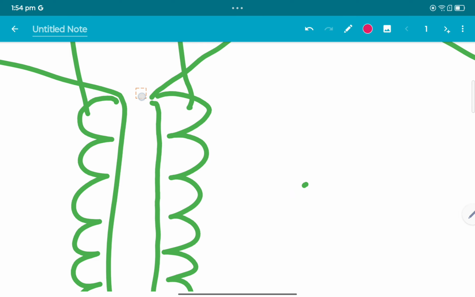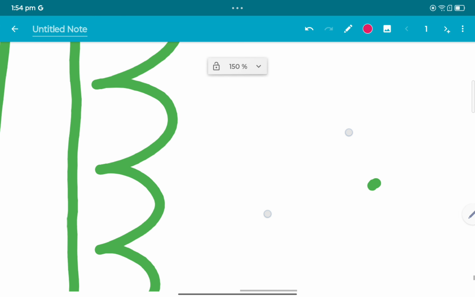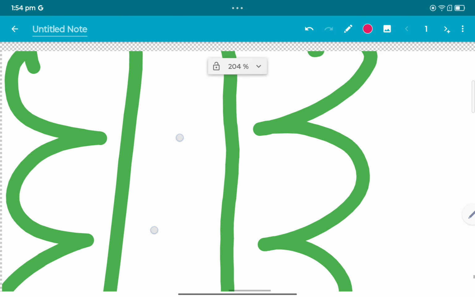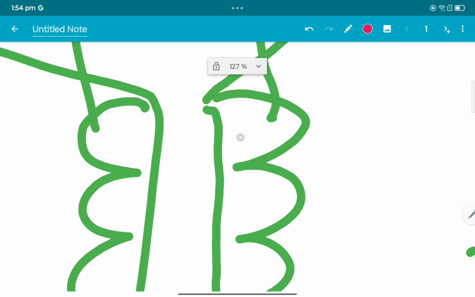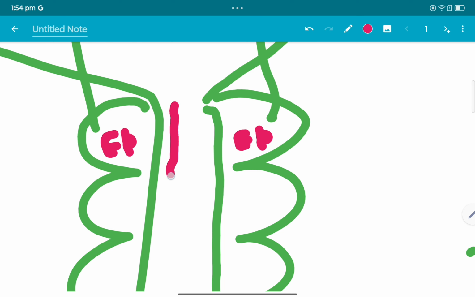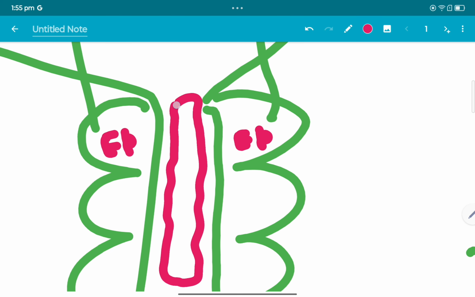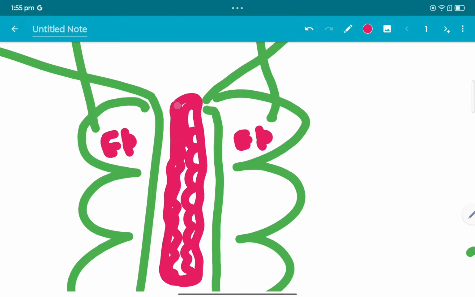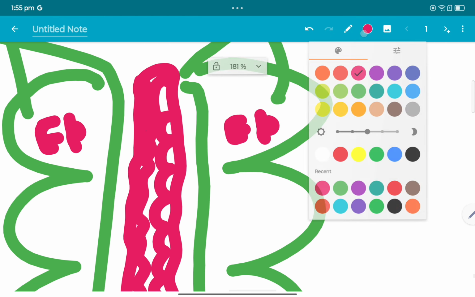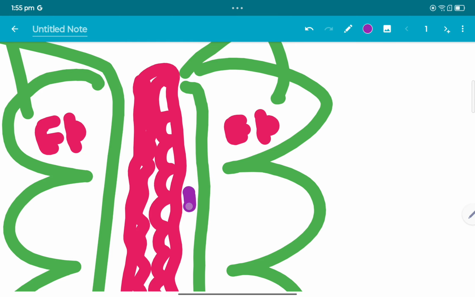If we draw it, suppose this is the capillary layer between the epithelial layers. This is the epithelial layer, this is the epithelial layer, and this is the capillary endothelium. Then we have the interstitial space.